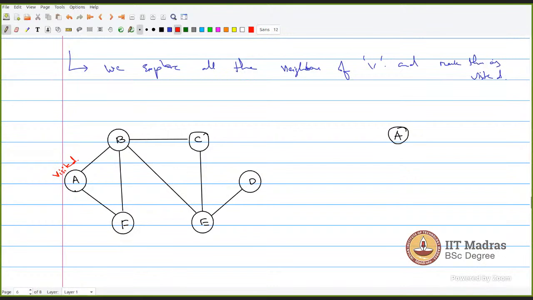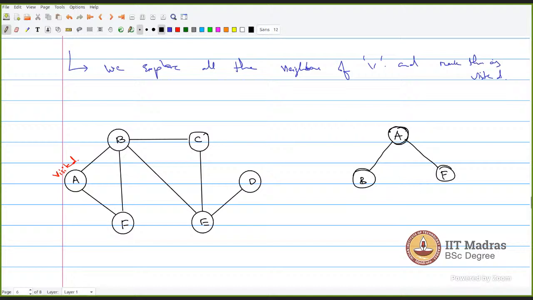Once I mark vertex A as visited, I will explore all the vertices that are adjacent to A. So there is B, there is F. So we draw this BFS tree like this.